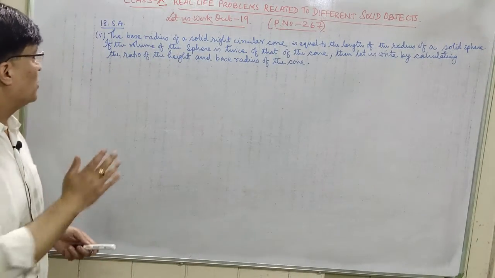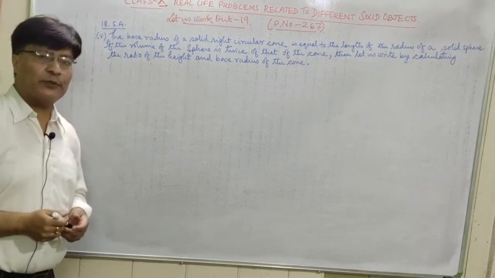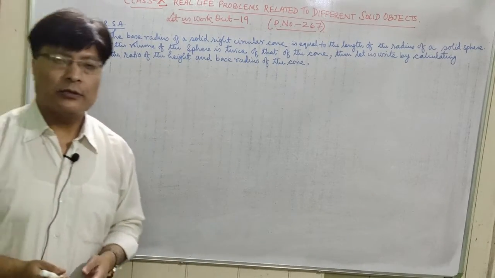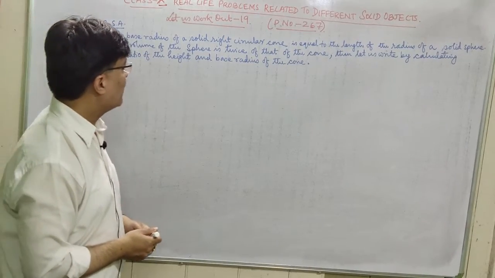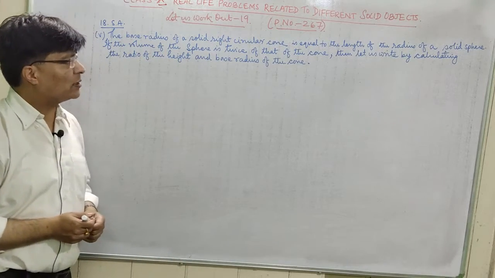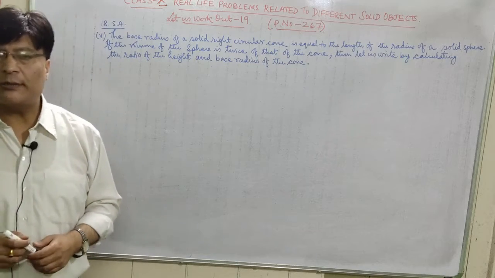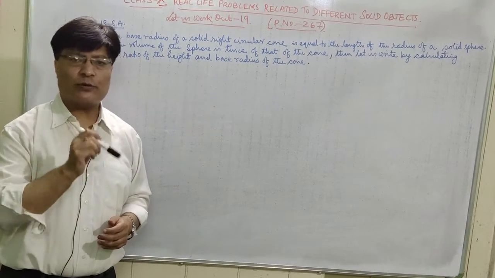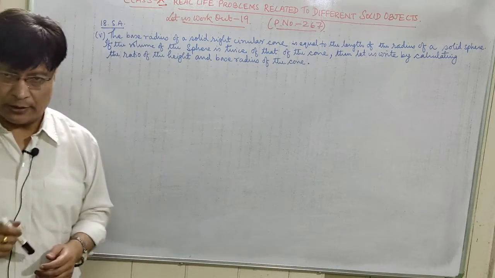Now we'll do the next question, that is question number 5. This is also from the short answer type questions. The question says that the base radius of a solid right circular cone is equal to the length of the radius of a solid sphere. So the radius of the base of the cone is equal to the radius of the sphere.